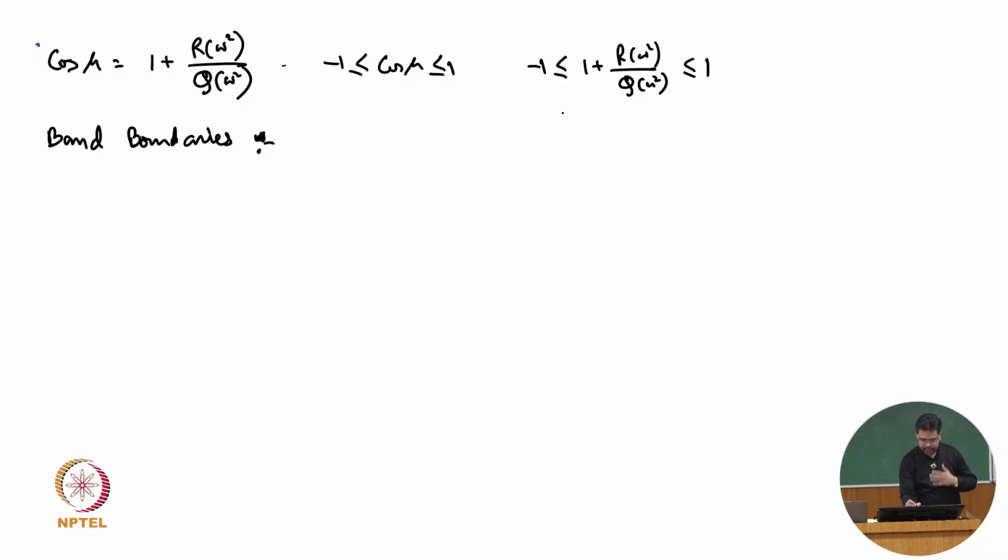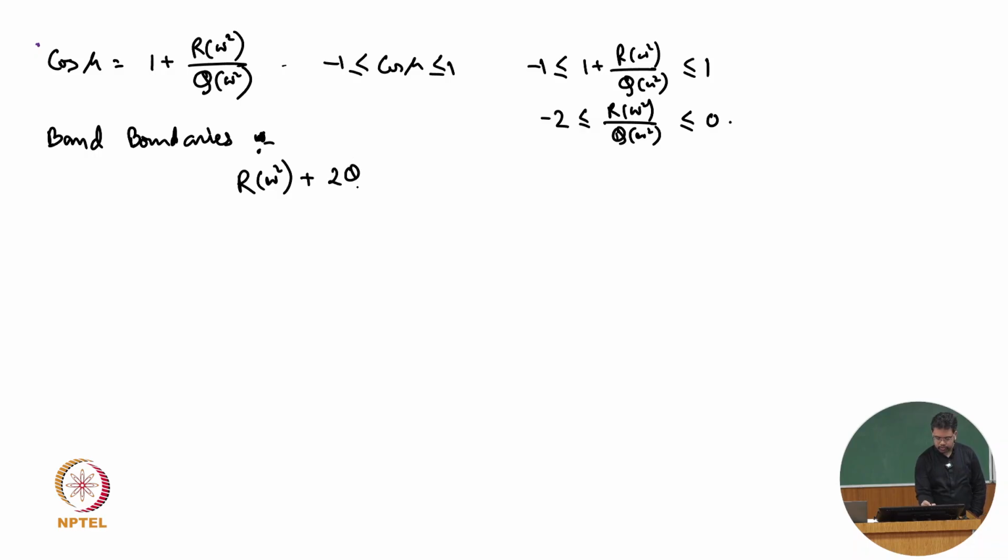So we can write -2 less than or equal to r(omega square) by q(omega square) less than or equal to 0. So band boundaries are where r(omega square) plus 2q(omega square) is equal to 0, and r(omega square) equal to 0. Once these two cases happen, they give the band boundaries.